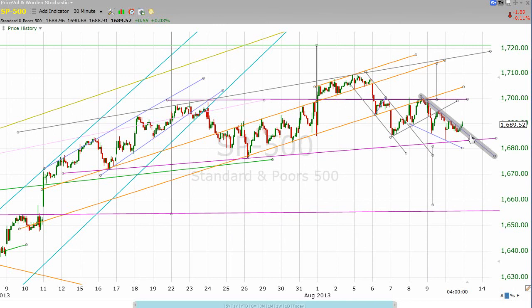At least for now, it looks like the S&P would rather bounce on this line and at least come up, and it appears by breaking above this little line right here, a likely rally to test this resistance again at 1700. So there's your video for August 12th, 2013.